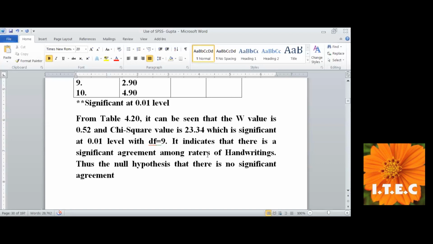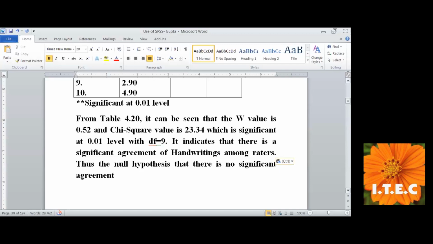Okay, I'm sorry, I can write like this: there is no significant agreement of handwritings among raters. This is a better way to write. So there is a significant agreement of handwritings among raters.